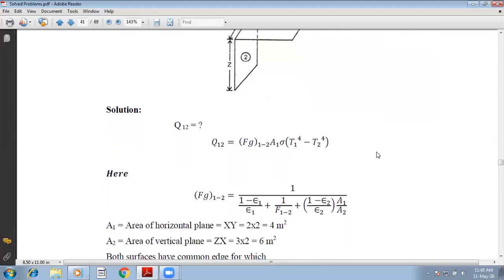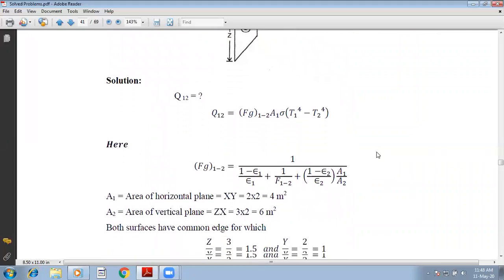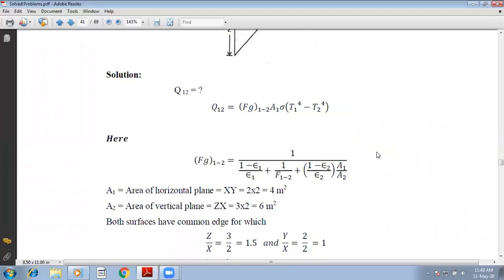Now, in order to answer this, you have an equation. He has asked you to calculate the heat transfer from 1 to 2. We will again use the Stefan-Boltzmann equation. Now, this formula is given in your data handbook.